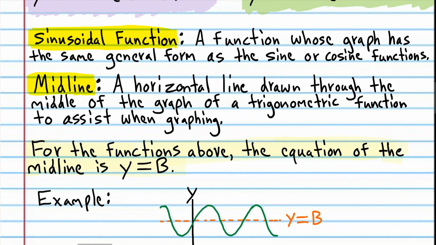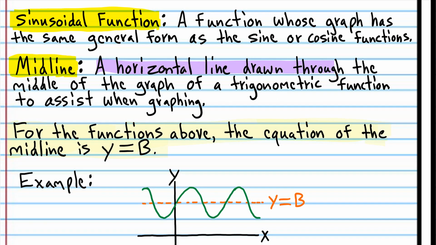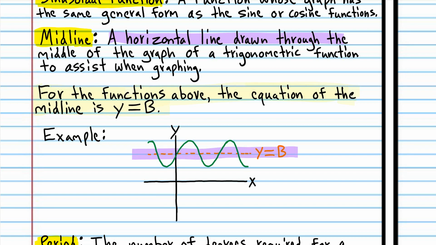Now, the midline is one of the most important things when analyzing trigonometric graphs. That's just the horizontal line through the middle of the graph. So an example would be this orange dotted line here. You see how it goes through the middle of the curve.